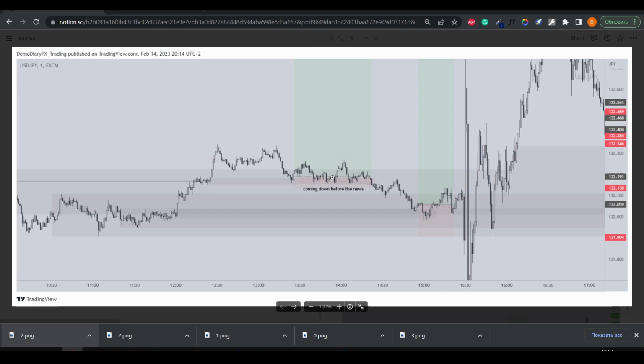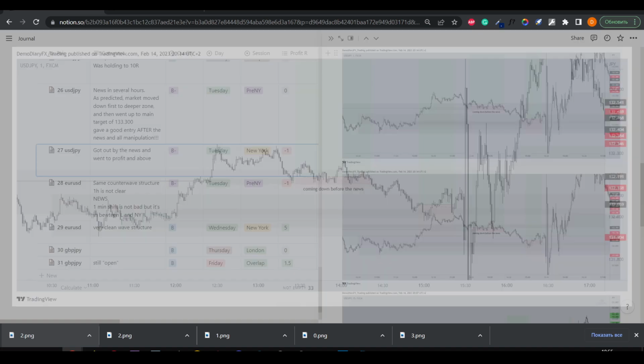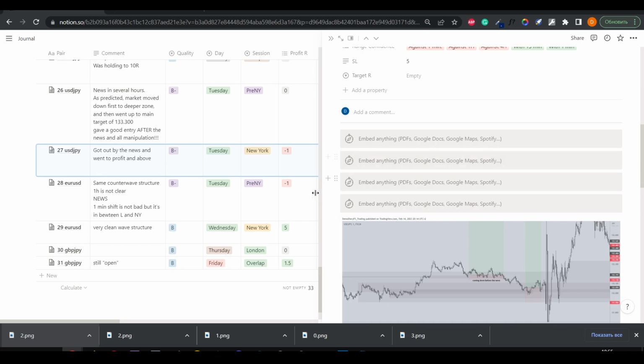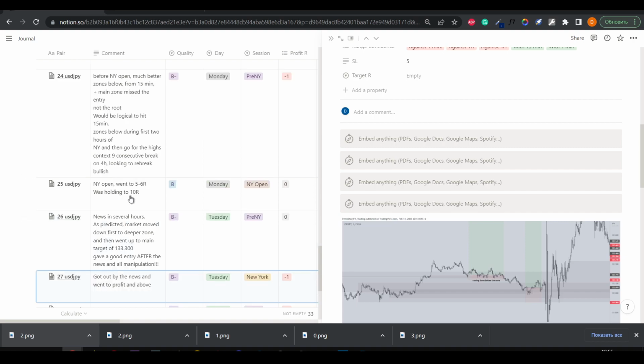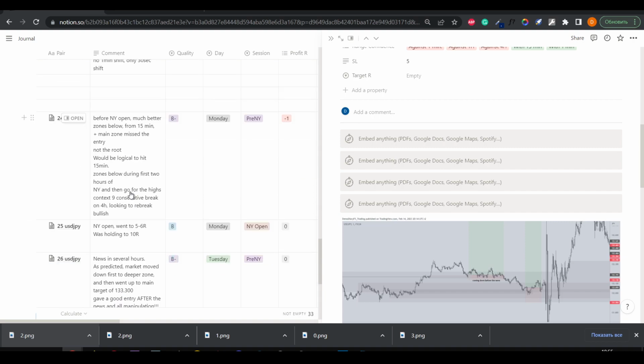But the fact is, you see, coming down into the news, New York starts, news comes out, just takes everyone, but overall holding the zone on 15 minute, 20 minute, and it just went above, and continued to go up and up and up during the week. So this was the same entry. Basically that was all during this week.